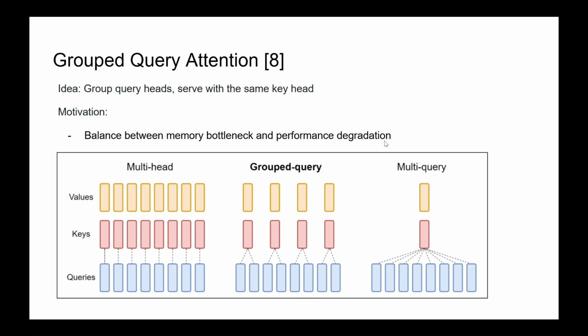The performance is not really that good compared to having a lot of different heads that you can train on. So if you want a balance between multi-head and multi-query attention, there is grouped query attention. You will have a group of query heads, and you're going to serve them with one value head and one key head. So you're going to copy fewer times, but you get the benefit of both performance, which is not that bad, and more importantly, you don't get this memory bottleneck.